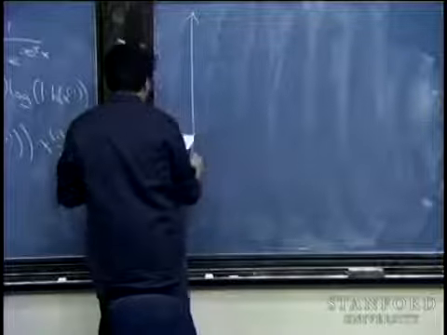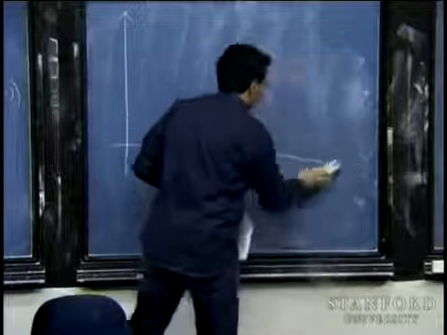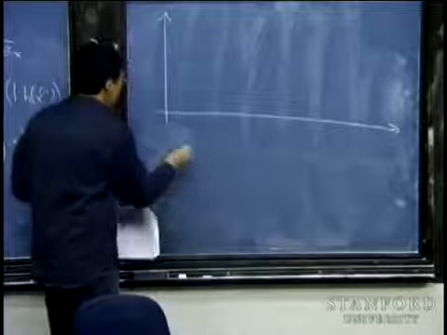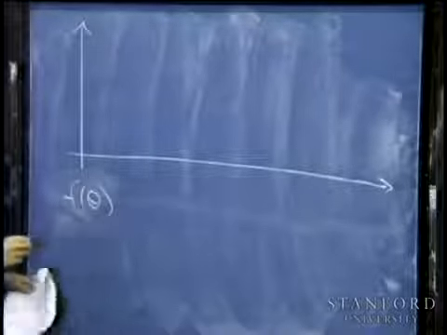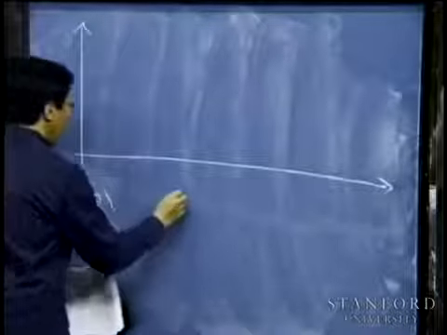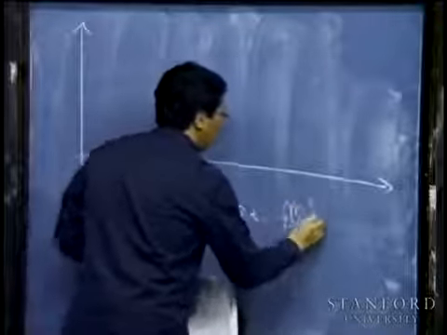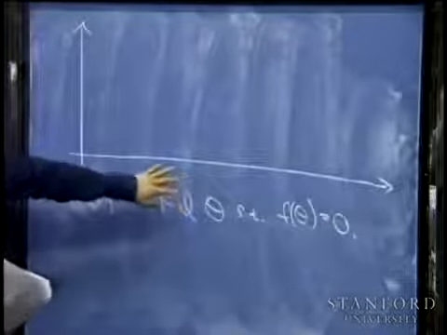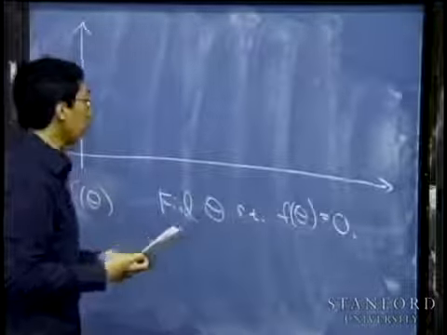For me to describe Newton's method, I'm going to ask you to consider a different problem first, which is, let's say you have a function f of theta, and you want to find the value of theta so that f of theta is equal to 0. Let's start by considering this problem first, and then we'll slowly change this until it becomes an algorithm for fitting maximum likelihood models like logistic regression.